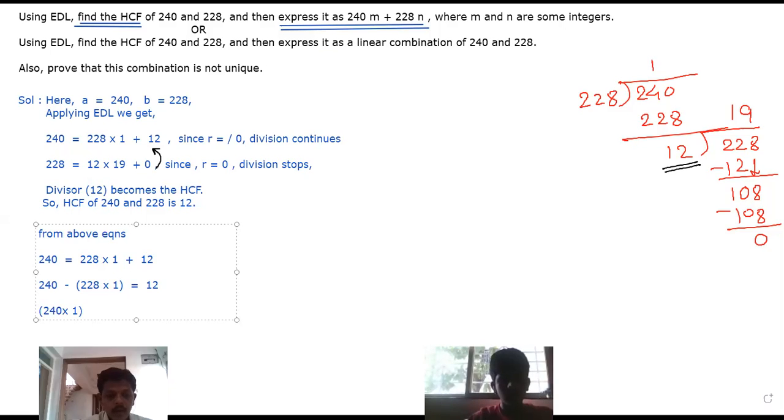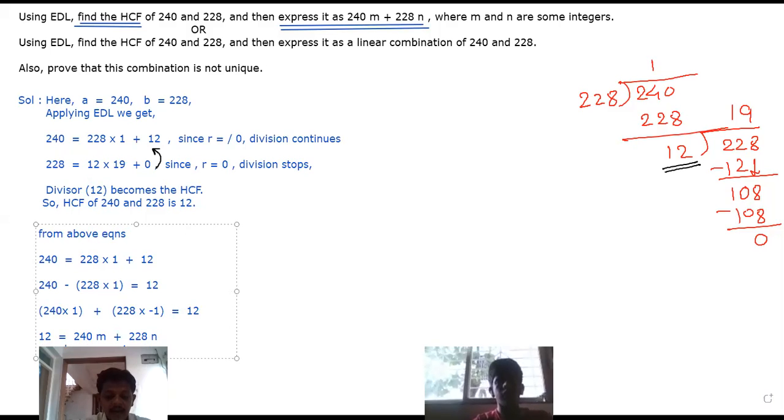Plus, I am going to write 228 into minus 1, because I want it as 240m plus 228n. 12 is equal to 240m plus 228n, where m is equal to 1 and n is equal to -1. See, 240 into 1 plus 228 into -1. 240 minus 228, you have got an answer as 12.